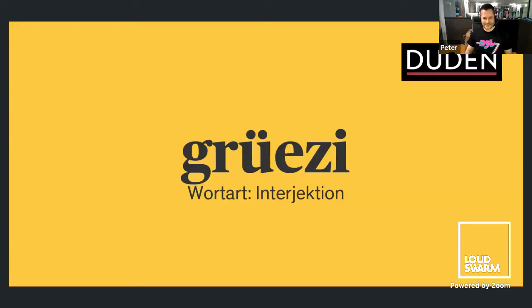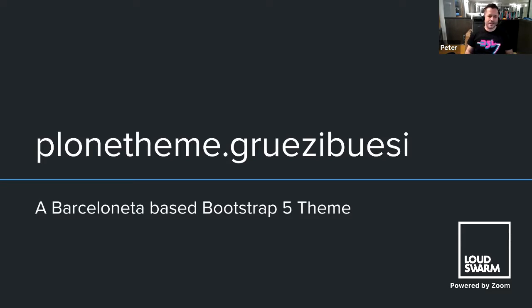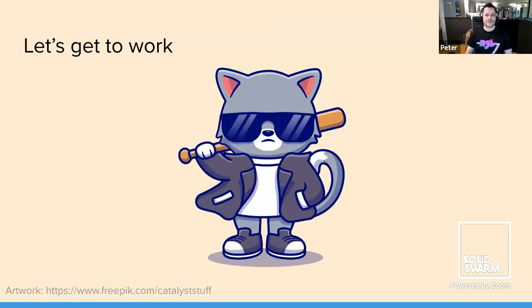Even Duden says that's the actual term for hello and cat. And I created the Plone theme Grüezi Büsi based on the Plone CLI boilerplate structure. And I'd say, let's get to work.